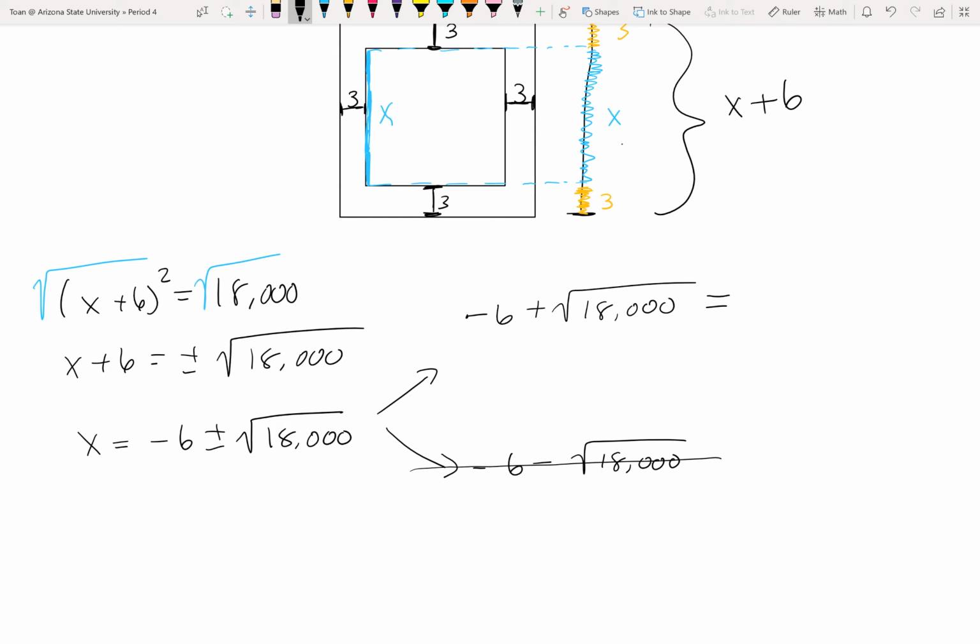So I whip out my calculator, negative 6 plus the square root of 18,000 gives me approximately 128.2 feet.